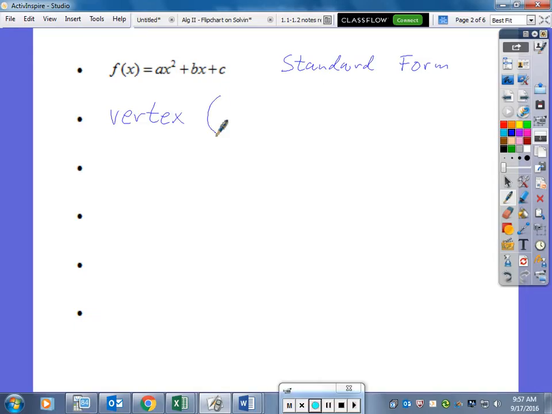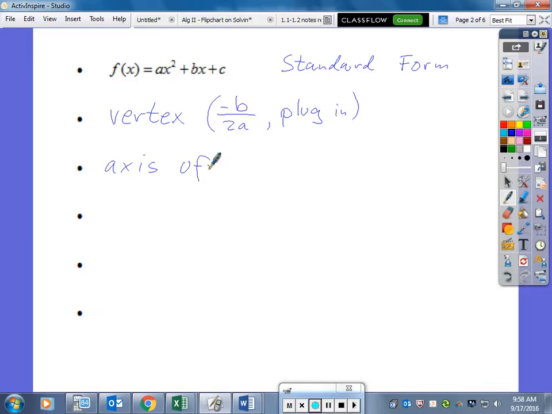Now, in standard form, we can find the vertex by using a formula for the x value. The formula for the x value is negative b over 2a. Whatever that number is for our x coordinate, we plug into the equation to get the y coordinate. As you know, the x-coordinate of our vertex also gives us the axis of symmetry.